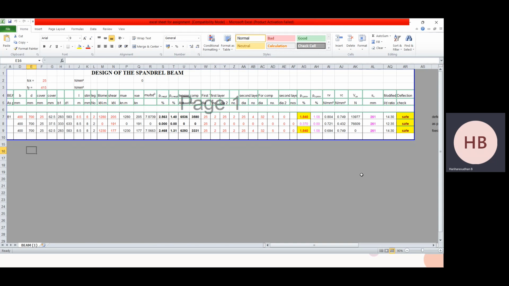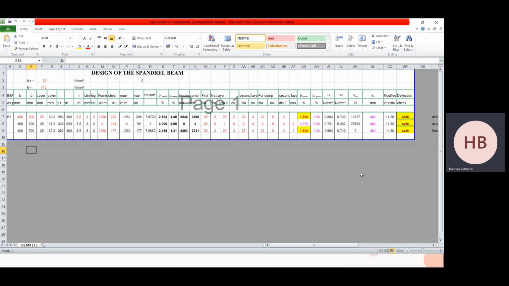Asc = b into p into d divided by 100. With the help of Ast and Asc, we can find out the number of bars and the diameter of bars used for the reinforcement. Here we have taken first layer and second layer.